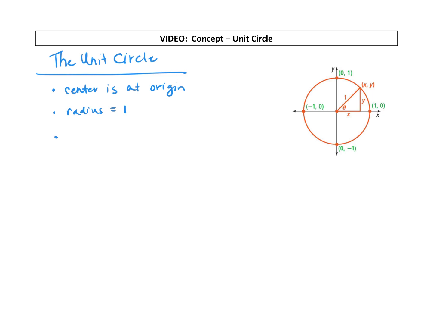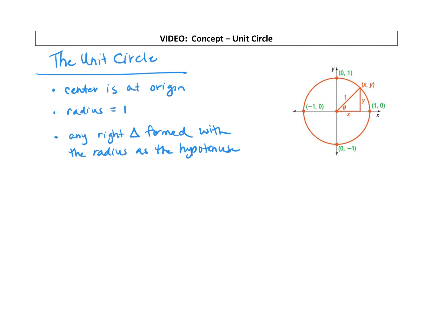Any right triangle formed with the radius as the hypotenuse. So here's what we mean.